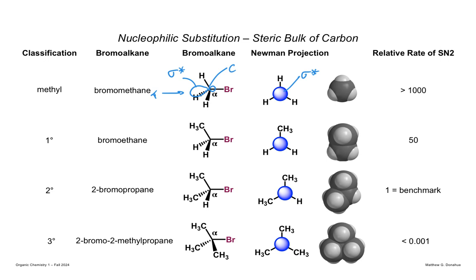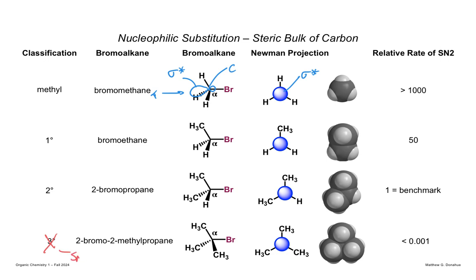Under the SN2 mechanism, if you have a tertiary alkyl halide or leaving group, that's essentially not going to react. But we're not off the hook yet because you can still do substitutions there.